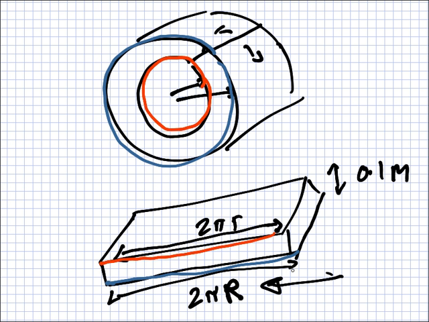So the volume here would be this by this by this. By the way, what's this length here?